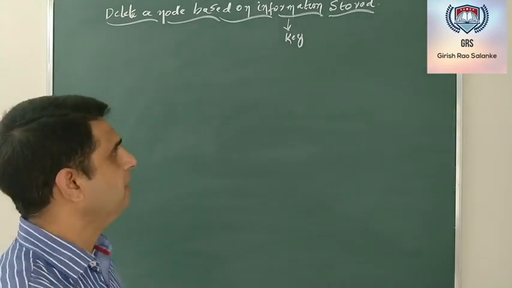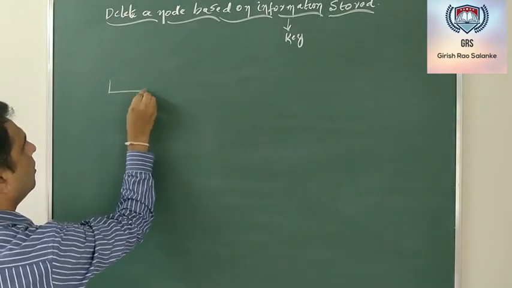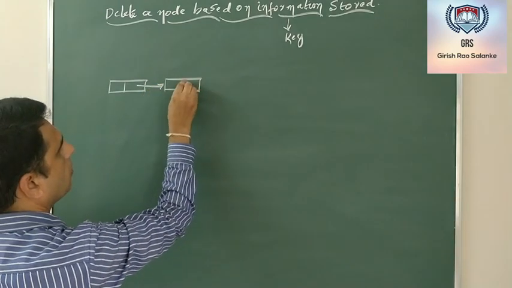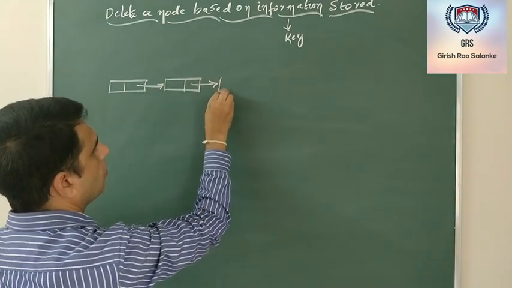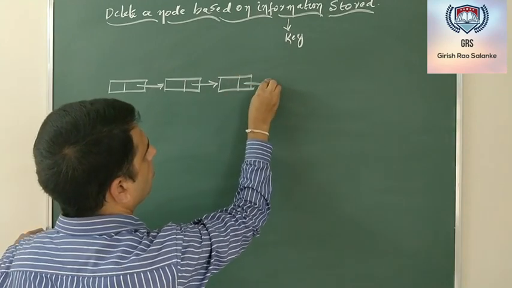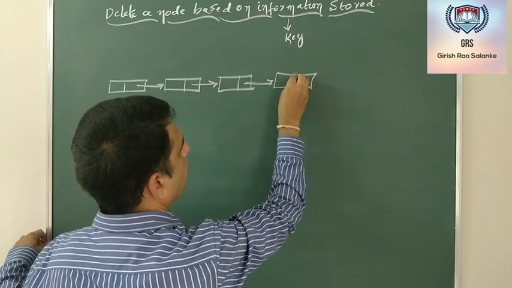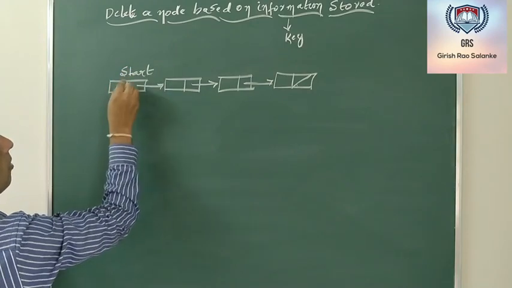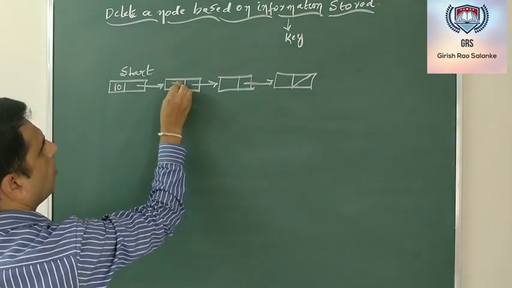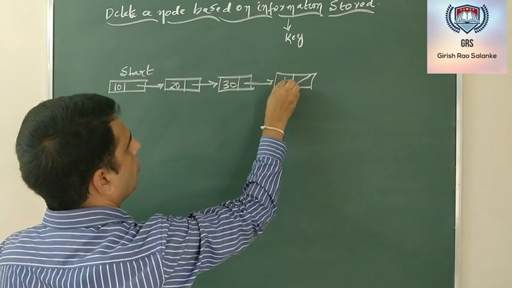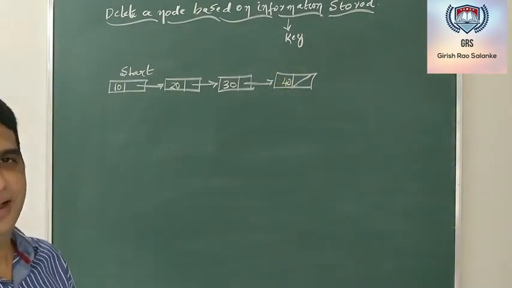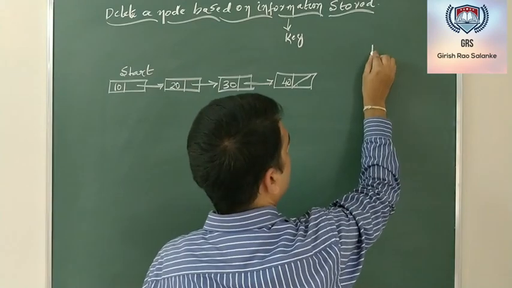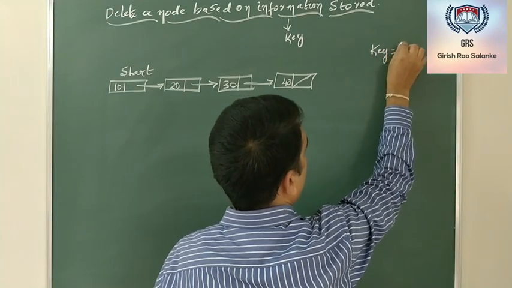Let me take an example. Assume that this is my given linked list and the key provided is 10.